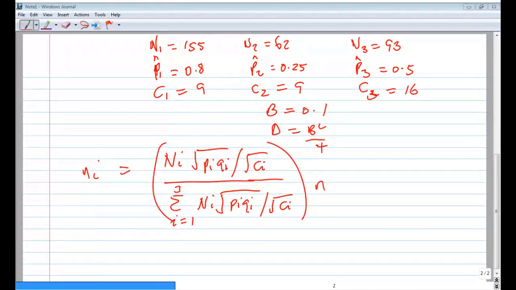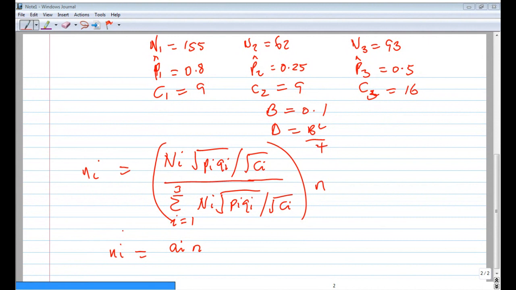Which is Ni equal to, you can tell me. In other words, it's the sample size for each stratum, which is the same as this one. So this can also be equal to Ai times N. In other words, this formula is the same as this.